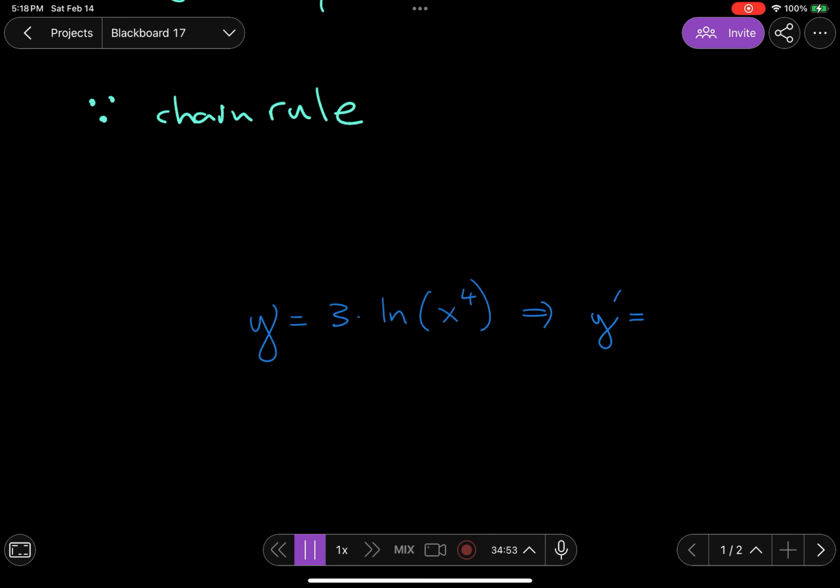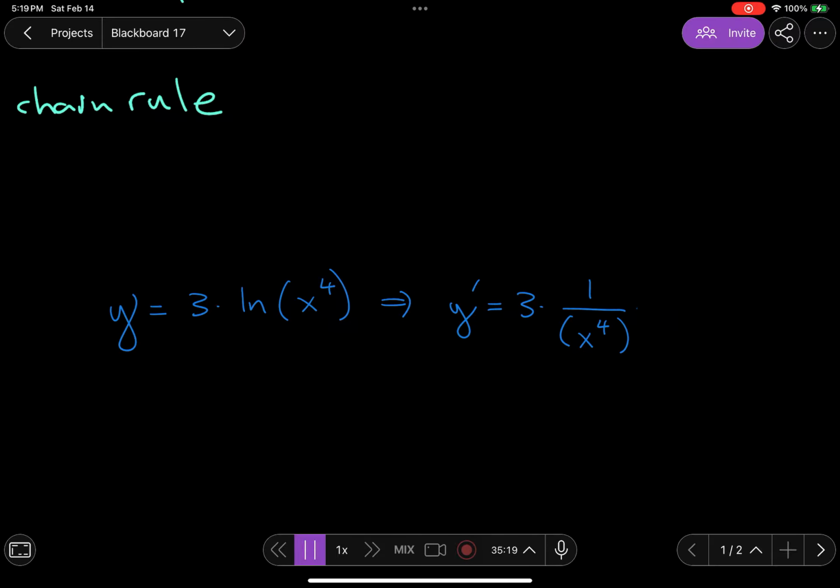It's simply a number. y prime is equal to 3 times the derivative of the natural log of x to the fourth power. First I take the derivative of the natural log, which is 1 over whatever the thing on the inside of the natural log is, which in this case is x to the fourth. But then I have to multiply that by the derivative of the inside function. That's x to the fourth, and that's easy enough. What I have is 3 times 1 over x to the fourth times 4 times x cubed.